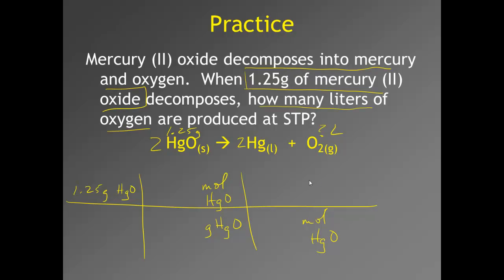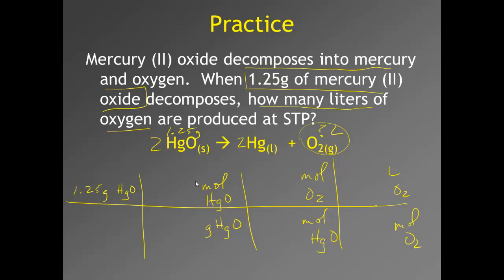This is my mole ratio step, so now I can change it to moles of what I'm looking for. So moles of oxygen. Diagonal down, same unit, moles of oxygen. And remember to pay attention to your problem, what you're looking for. Right here it tells me I am looking for liters of oxygen. So fill in your right numbers.